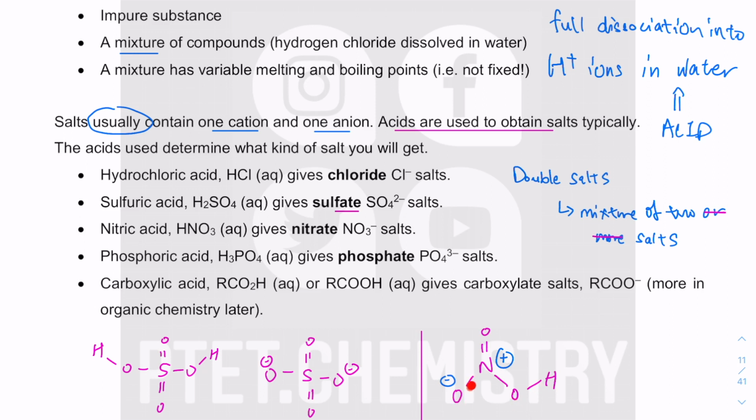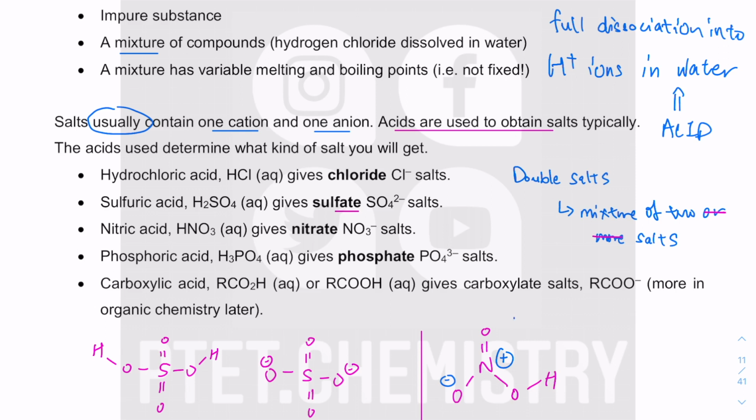This oxygen forms a single covalent bond, so it has a minus 1 charge. In ammonia, nitrogen usually has just 3 covalent bonds and no charge. But when nitrogen forms 4 covalent bonds, it will have a plus charge. Overall, there is no charge because plus 1 and minus 1 cancel out.